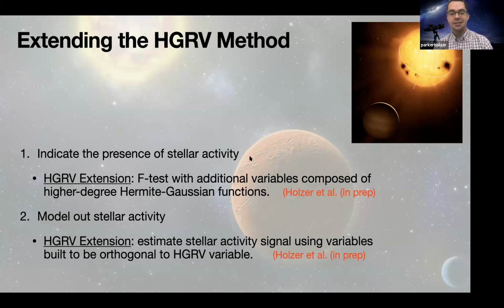That's kind of a first step where we just indicate the presence of stellar activity but haven't done anything to try and model it out. It gets a lot more complicated to try and model it out. But there are ways to do this.